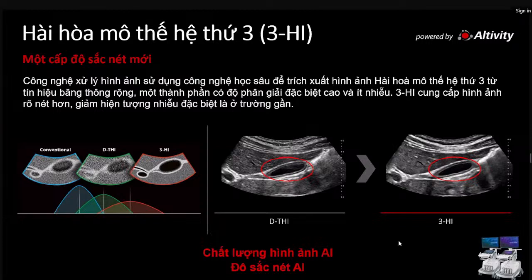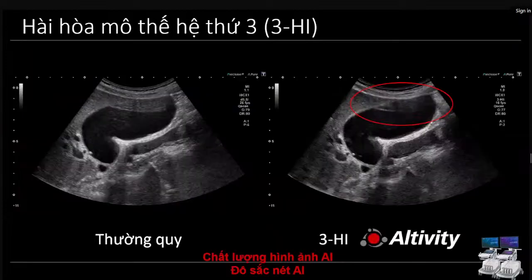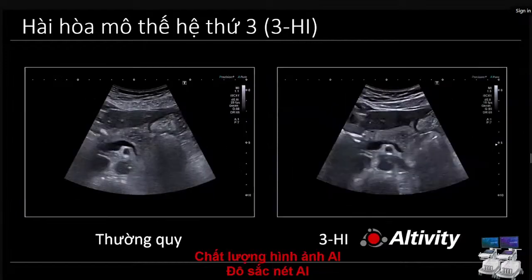So this is a conventional image as compared to our third harmonic imaging with our AI. Definitely less cluttered, less noise in the near field images. And we also talk about the clarity of images compared to the conventional.